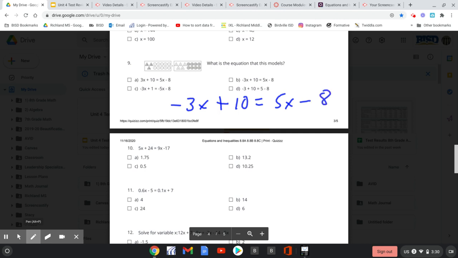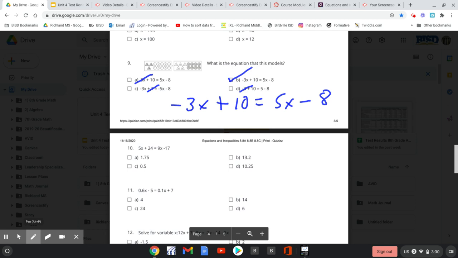Let's see if we see that. Okay, number 1 isn't it because it's not a negative. This one doesn't even have an x next to it. This one doesn't have a 10, so your answer is B.